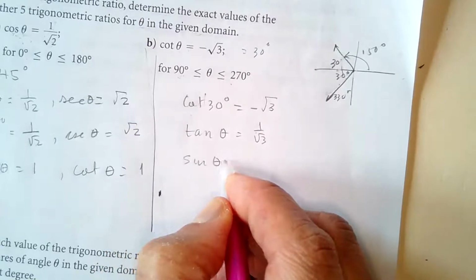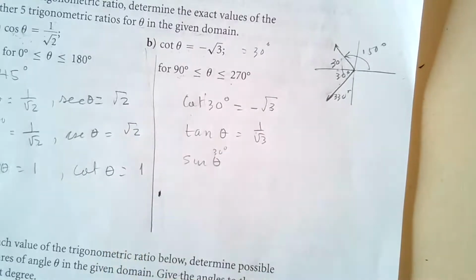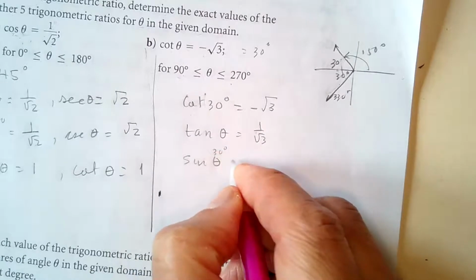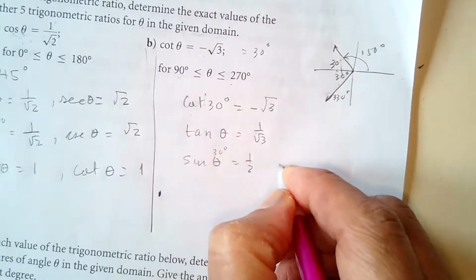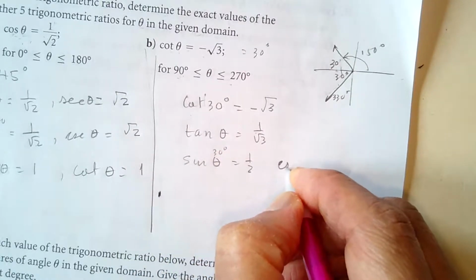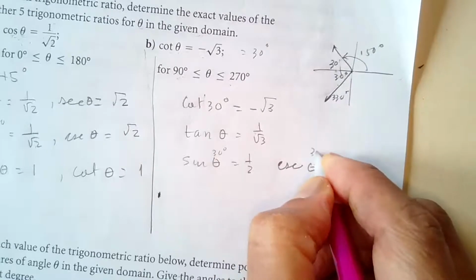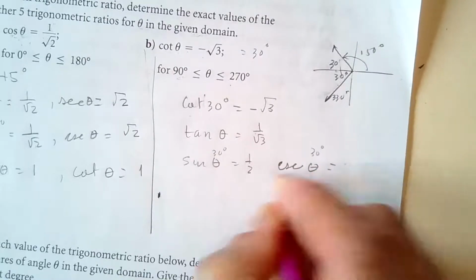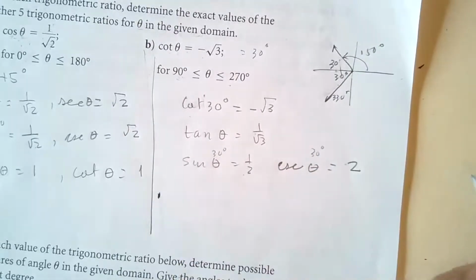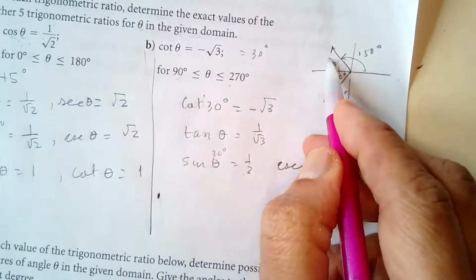Sine theta, which is 30 degrees, will be equal to a half. And cosecant theta, we're looking at 30 degrees here, is equal to the reciprocal. This would be 2. That's in this quadrant here.